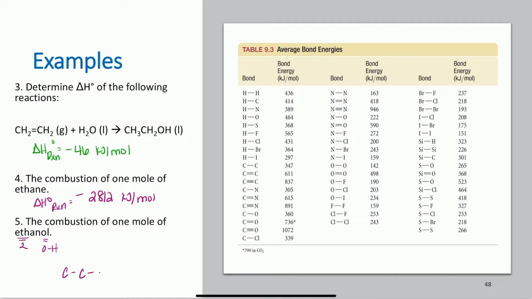So CCOH plus O2 gives you CO2 and water. And if you balance this out, you're going to get 3 moles of water, 2 moles of CO2, 3 moles of O2, and 1 mole of ethanol.